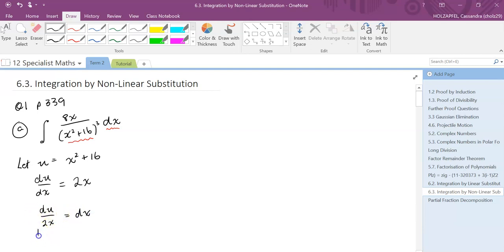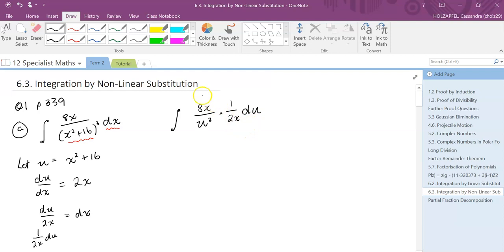I could also write this as 1 over 2x du. So we can substitute those two values now into our equation so that we have the integral of 8x over u to the power of 3 times by 1 over 2x du.